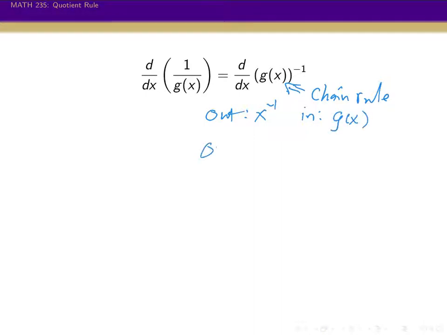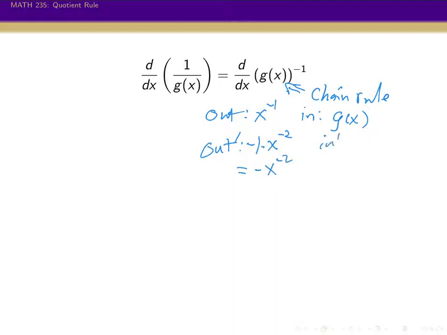And then we know how to take derivatives of both of these. So x to the minus 1, this is something we can apply the power rule to. So the minus 1 comes down, and we'd have x, and then we reduce the power by 1, so it would be minus 1 times x to the minus 2, which is just a fancy way of writing minus x to the minus 2.